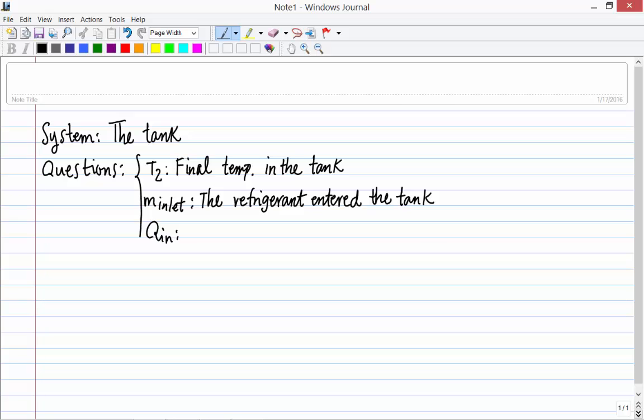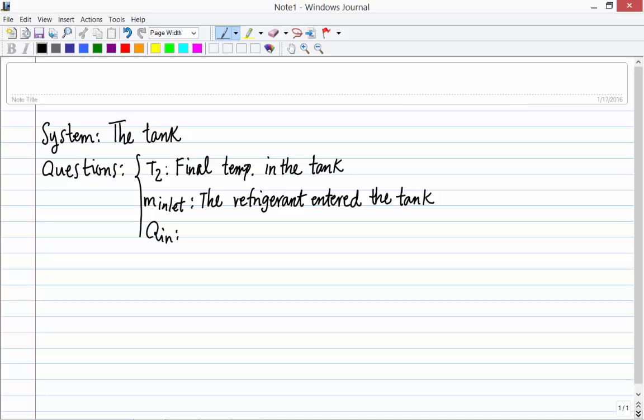If you pay attention to the sentence at part C, it says the heat transfer between the system and the surroundings. So the question is vague in that it doesn't mention anything about the direction of the heat transfer.